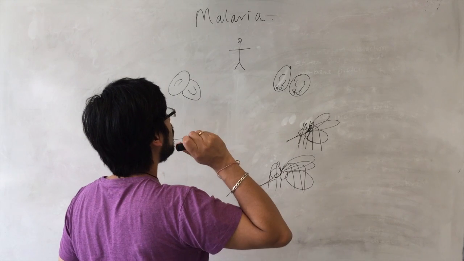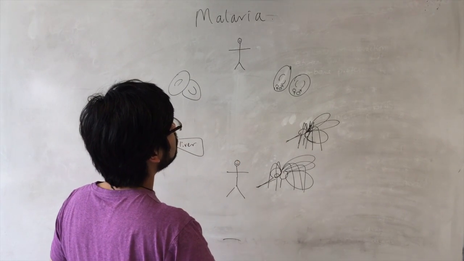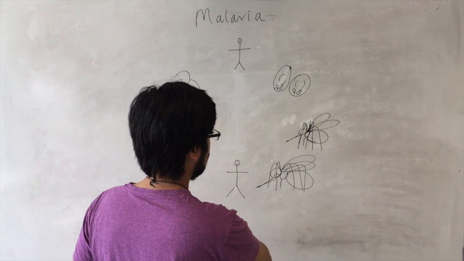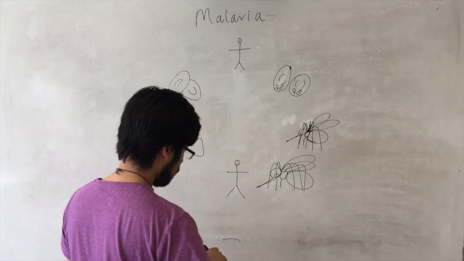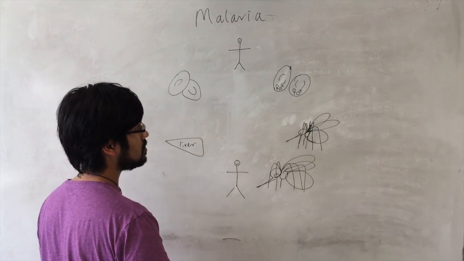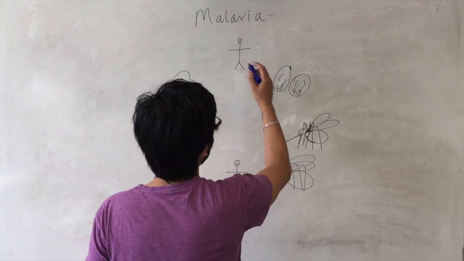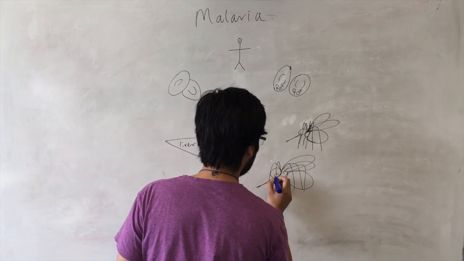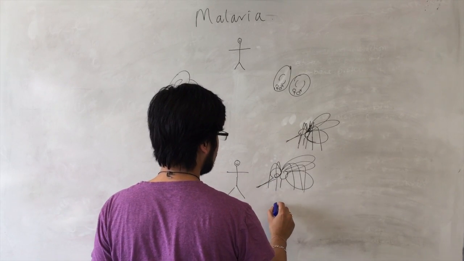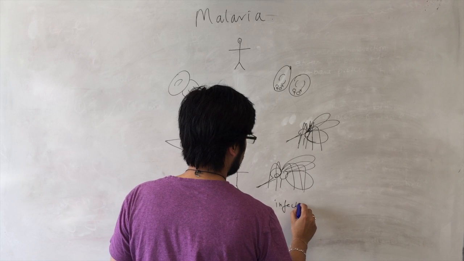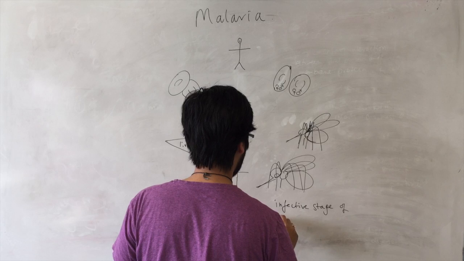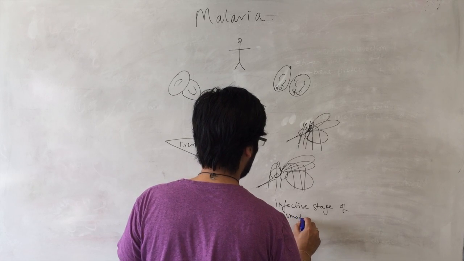So, let us begin with this mosquito, all right? Now, this mosquito has bitten an infected person, okay? And it has the Plasmodium, the infective stage of the Plasmodium in its salivary glands. So, infective stage of Plasmodium, so that's the protoctist.